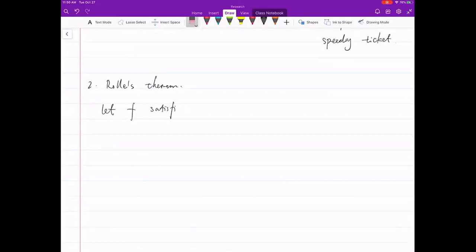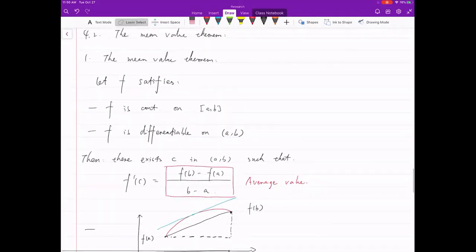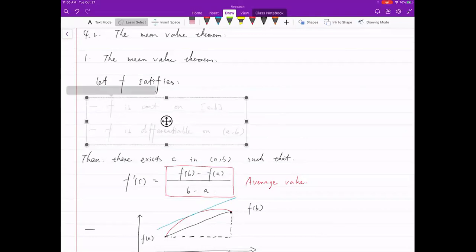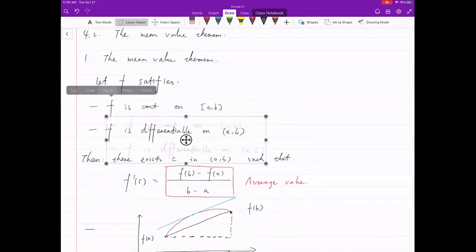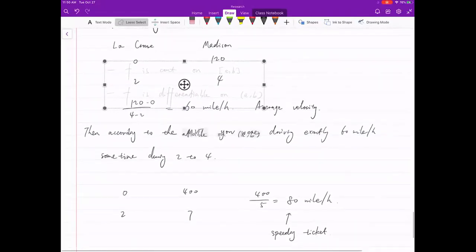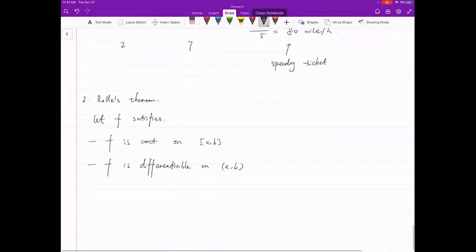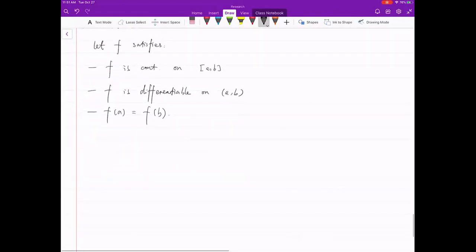I can basically copy the two assumptions because they're exactly the same: F is continuous and differentiable. Then a third condition is F(A) equals F(B), which is in addition. Then F prime of C equals 0 somewhere in (A, B).